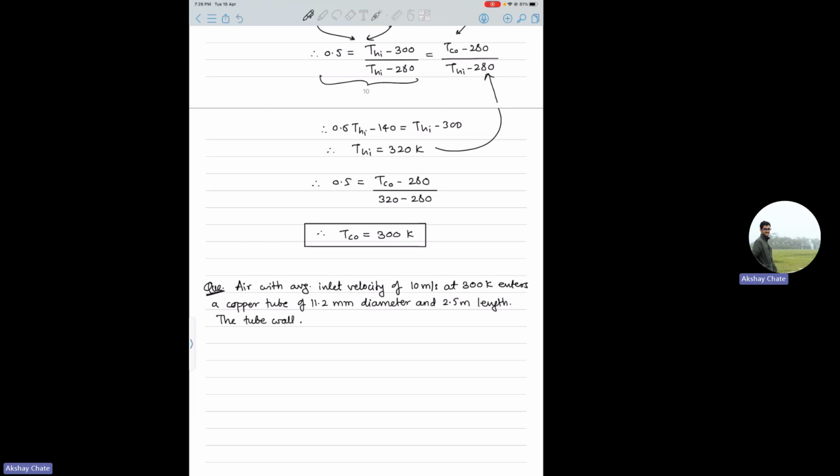The tube wall is maintained at 373 Kelvin by condensing steam on it. So this is a heat exchanger with one of the fluids undergoing phase change.